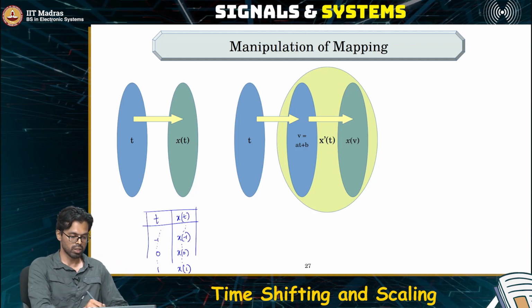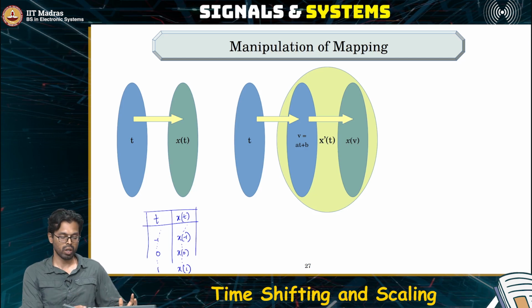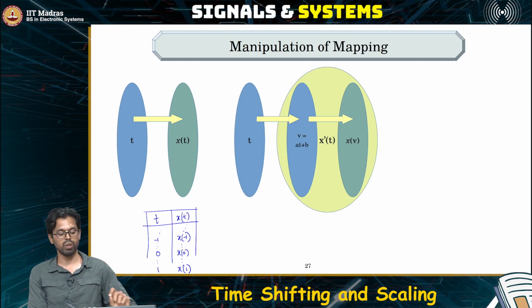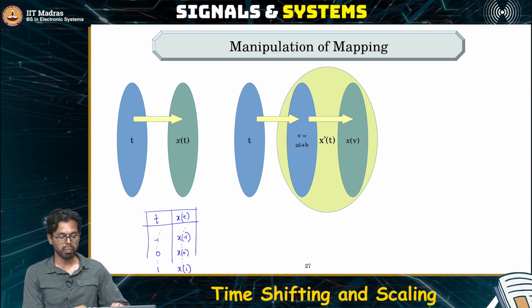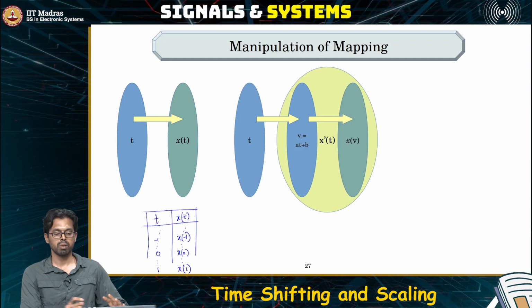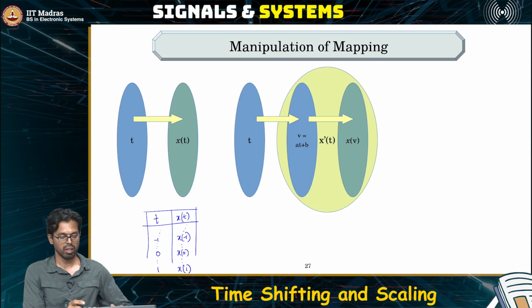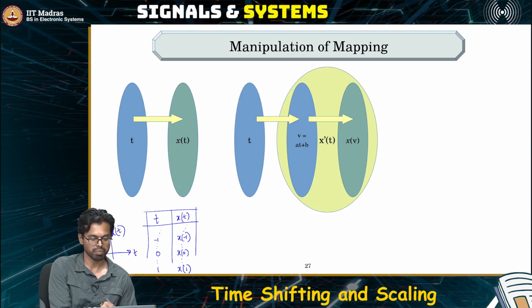In other words, a signal is nothing but a map. This is what we saw initially, right? It's a map. So given some value of t, a signal says, okay, it's a function. I pass this value of t to this function and I get the corresponding number. I can plot this graphically as t versus x of t.